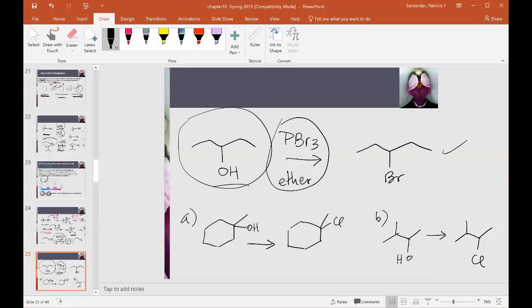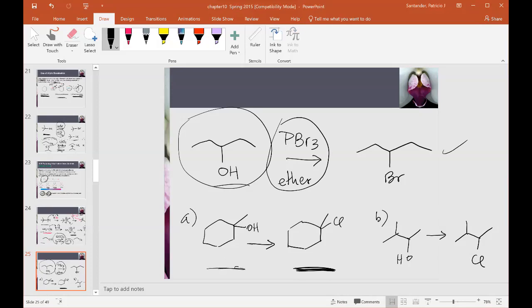And that will give me the successful reaction to form the bromide. The mechanism for the reaction with PBr3 or with SOCl2, we will get to discuss that later in some future chapters.